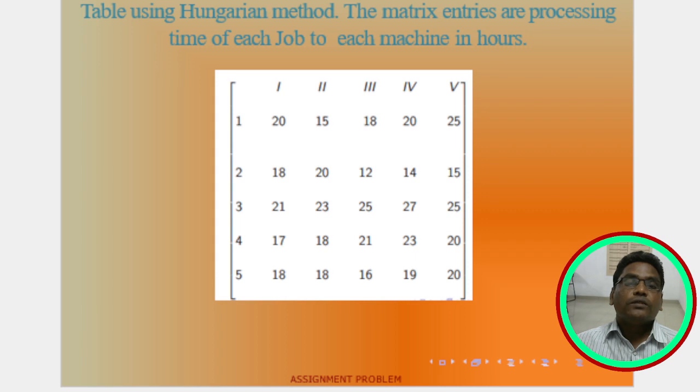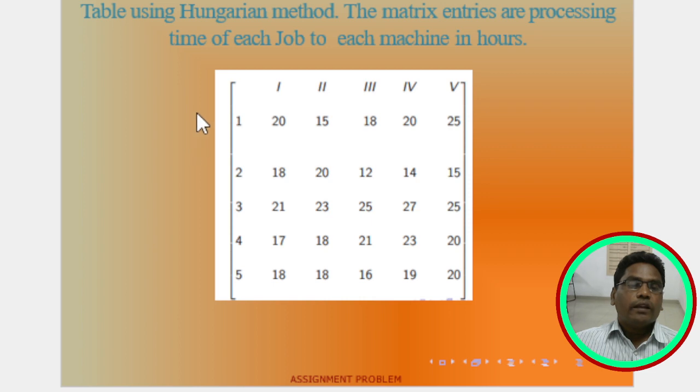Solve the following assignment problem shown in the table using the Hungarian method. The matrix entries are the processing times of each job on each machine in hours.